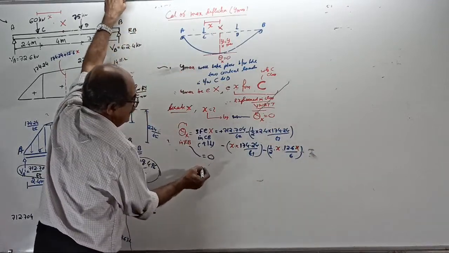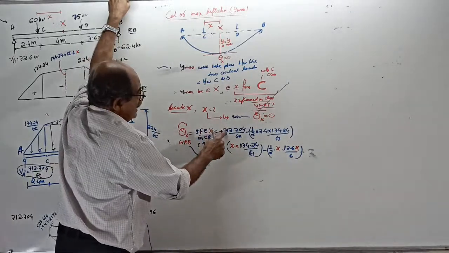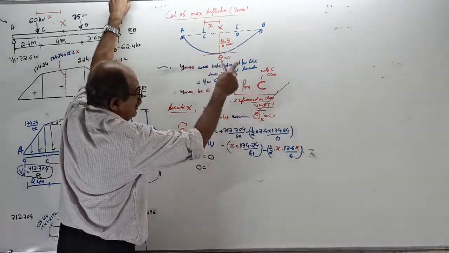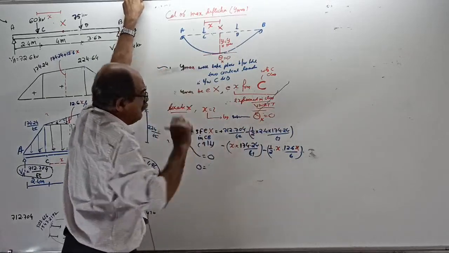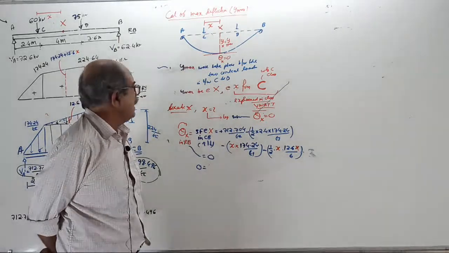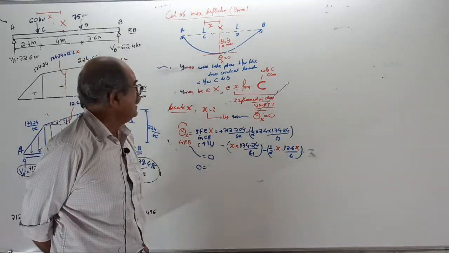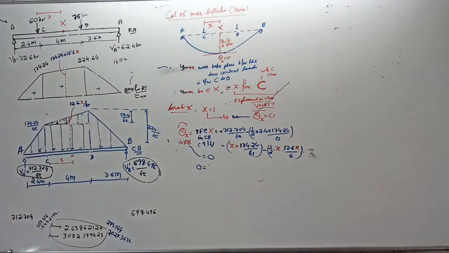You get 0 equal to, tell the answer first, 712.704 minus half into 2.4 into 174.24. Answer. Past, tell me that answer.